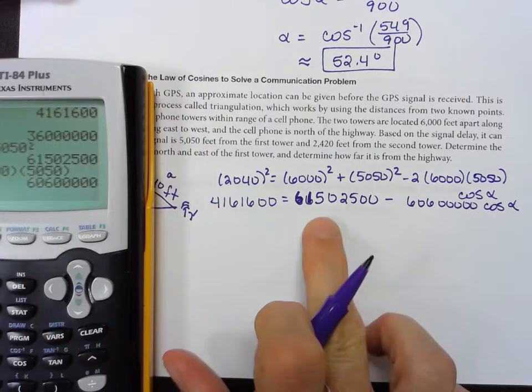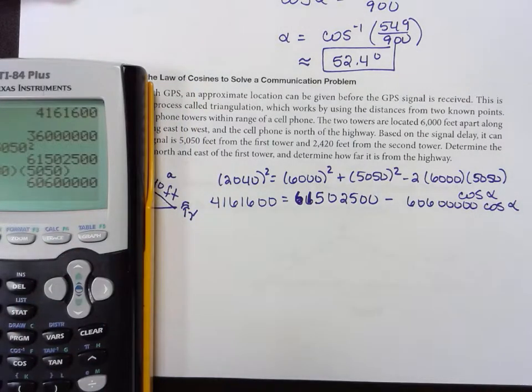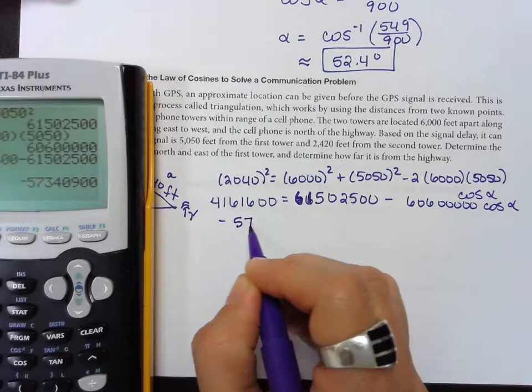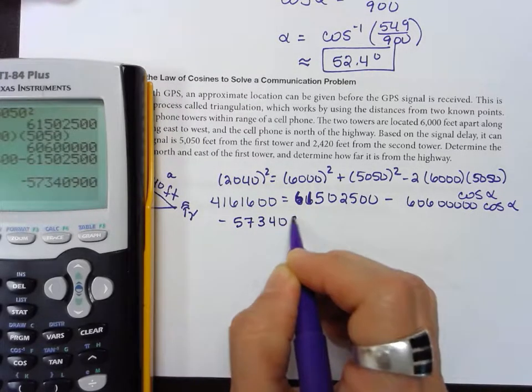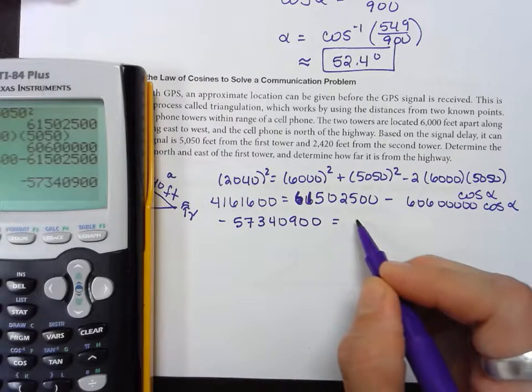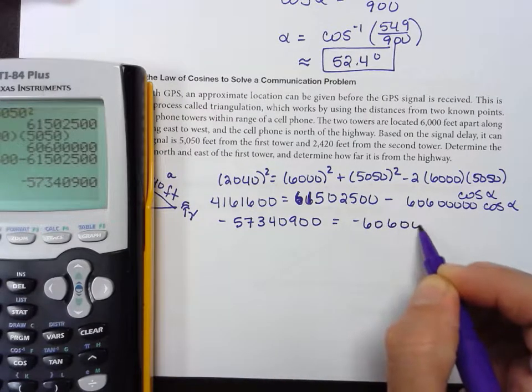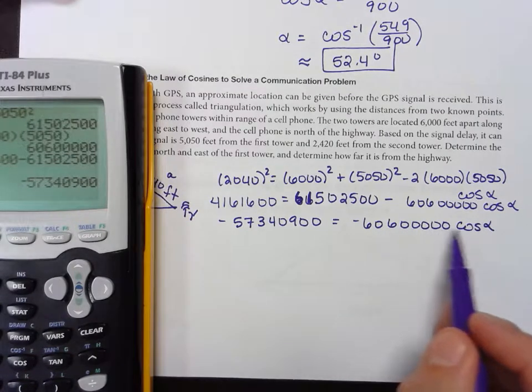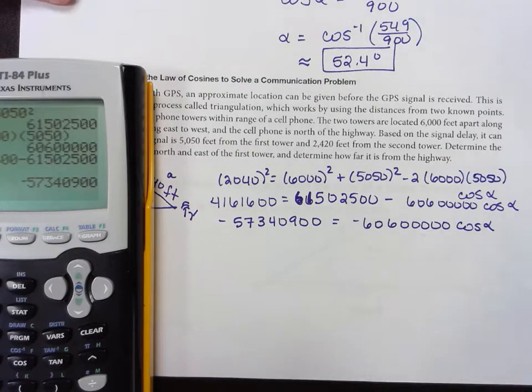Okay, so we need to subtract this number on both sides. We get negative 573,409,00. Divide both sides by this number over here.